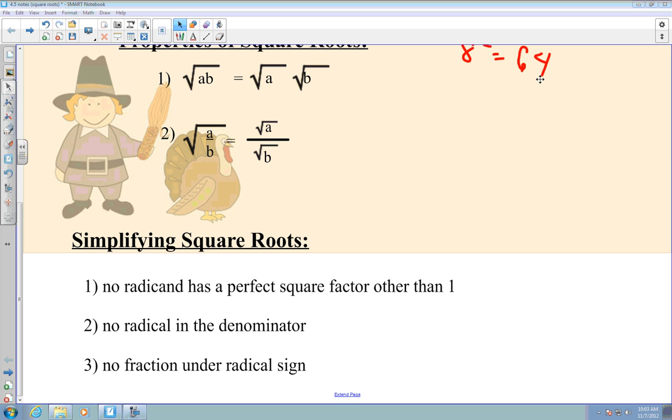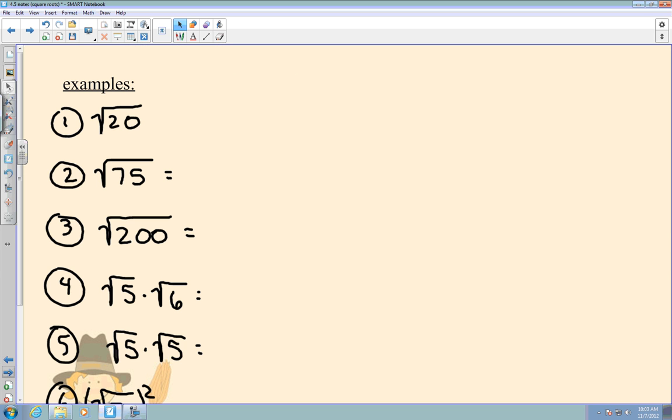Are we ready? Examples. Like I said, lots of them today.